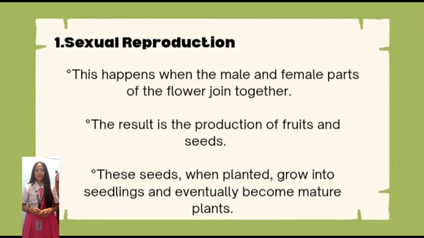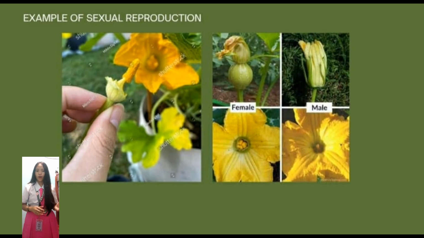When we say sexual reproduction, this happens when the female and male parts of the flower join together. The result is the production of fruits and seeds. These seeds, when planted, grow into seedlings and eventually become mature plants. For example, squash.